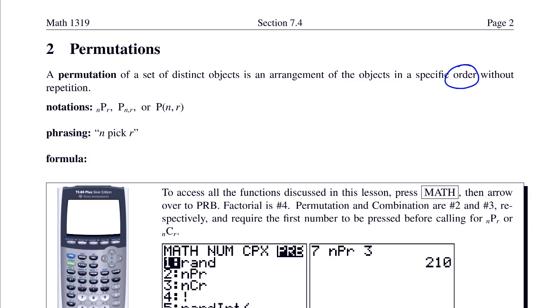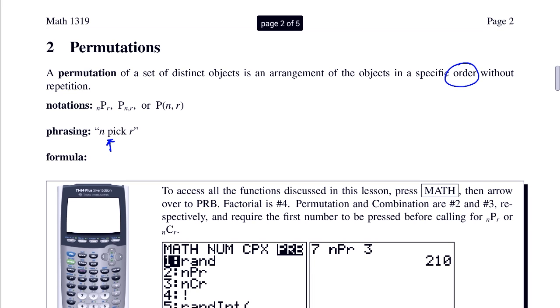Now the phrasing that I will use in this class with permutation is n pick r. And use pick for the P for the permutation. I'm the only one that does this. So if you go to a tutor or Slack or whatever and say, well, it's n pick r, they won't know what you're talking about. You'll have to explain it to them. Okay? But this is to help you distinguish between permutations and then what's coming up next.